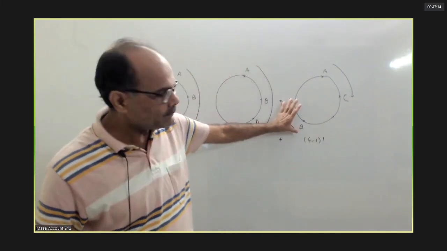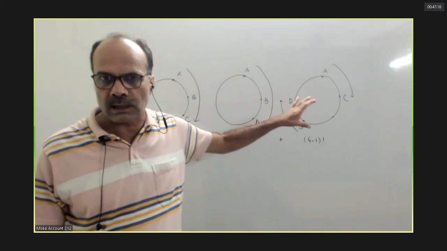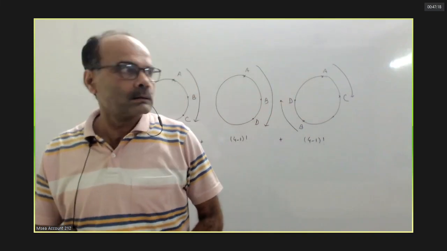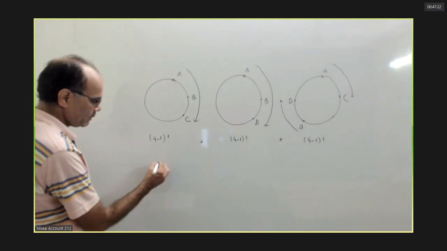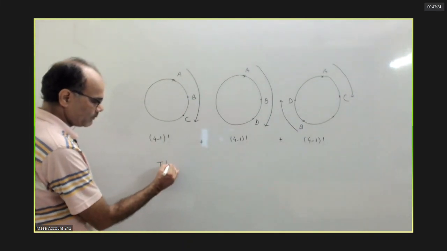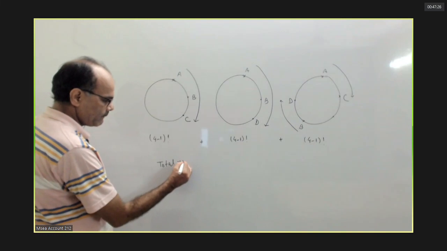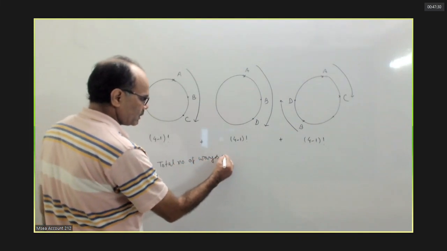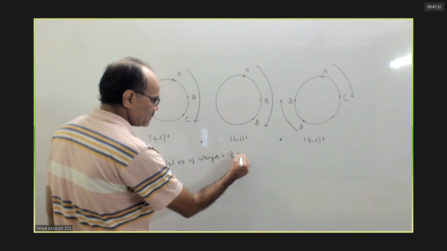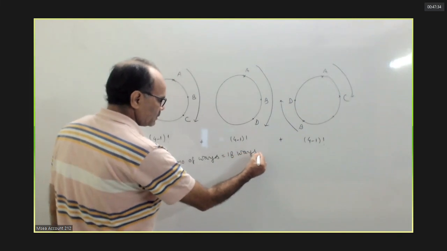We can't rearrange them because it's right. So total equals how many? 18.